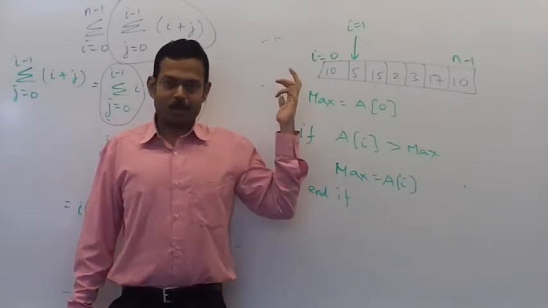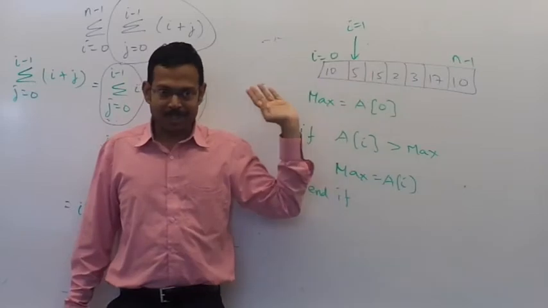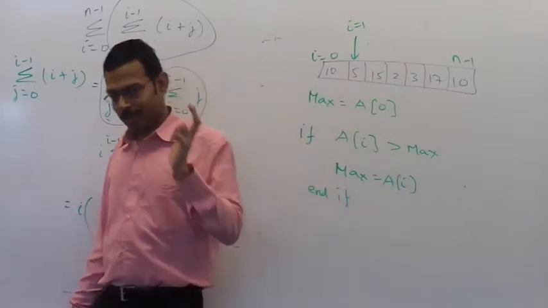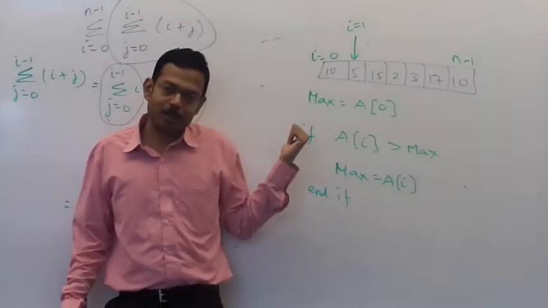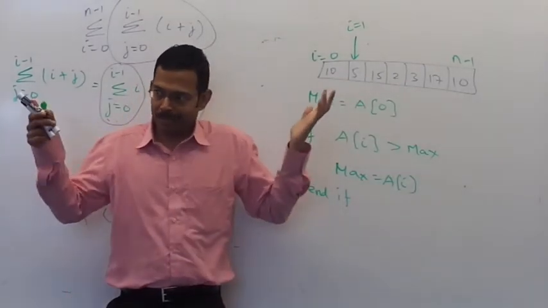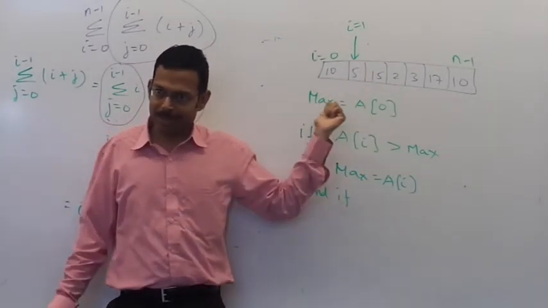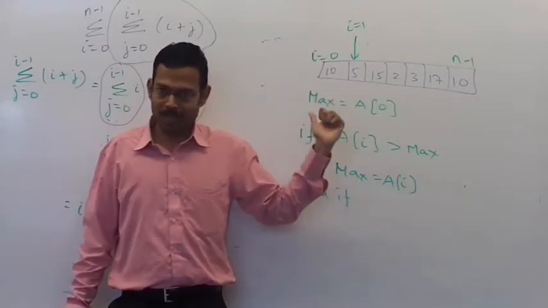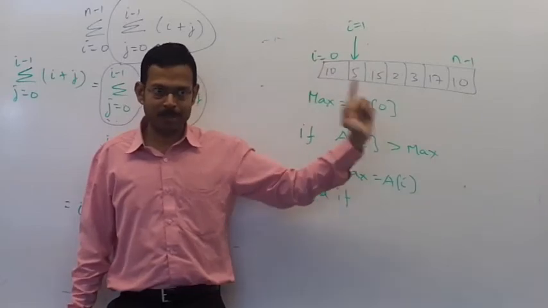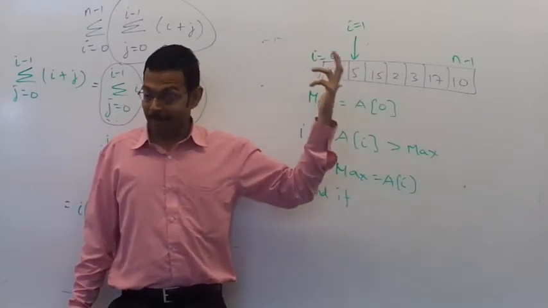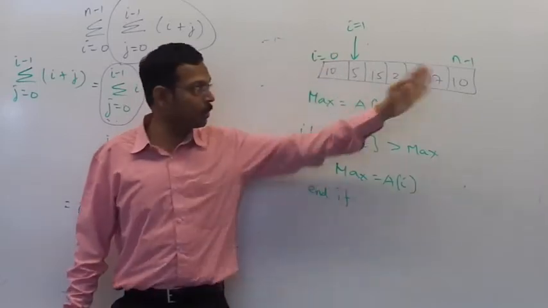Which means, what's the worst case? Still you have to go through the entire array. So the best case and worst case may be the same thing, like in this example. It need not always be 2 distinct cases. In this example, the best case is the same as the worst case, which is going through the entire array. Even the average case: you have to go through the entire array.